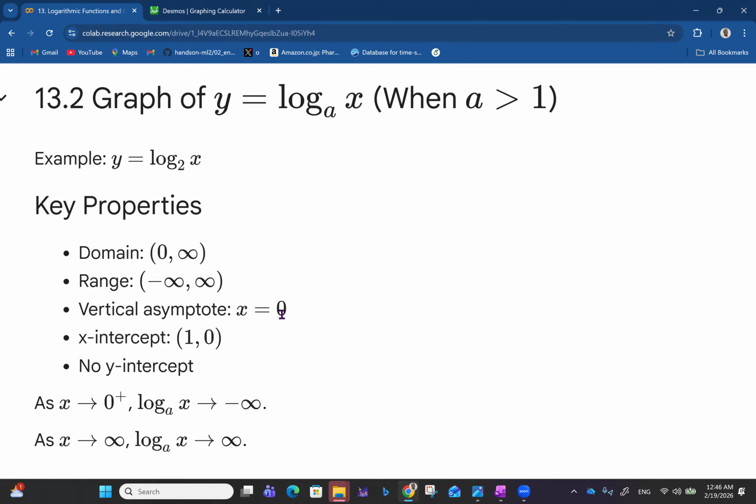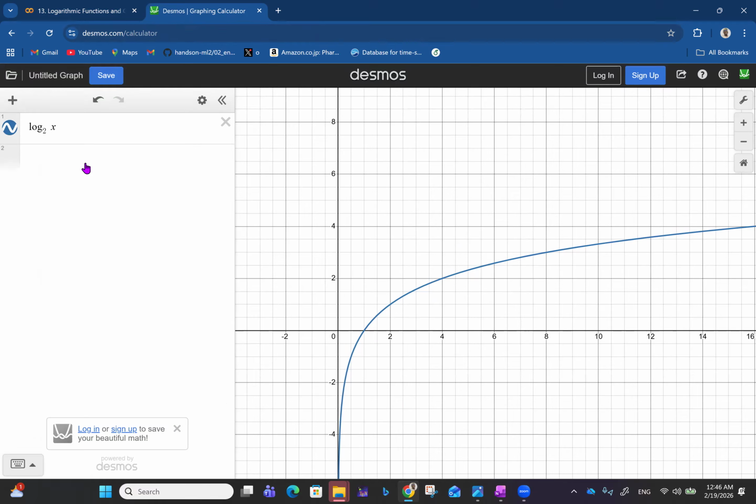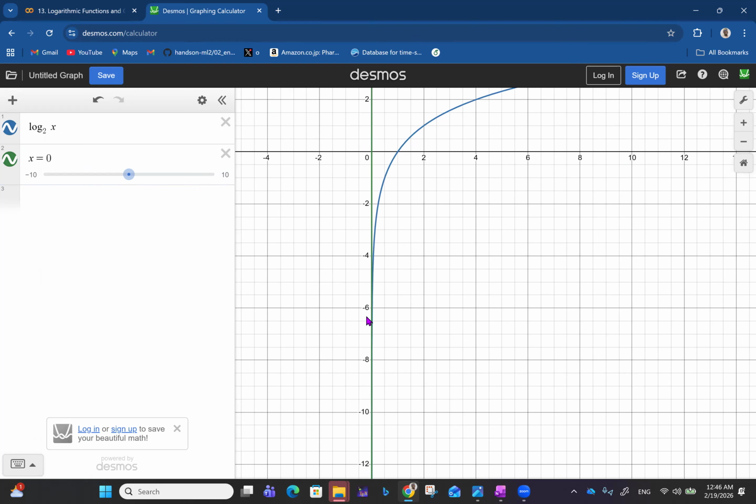Then the vertical asymptote is x equals 0. X equals 0 is the vertical asymptote, as you can see. The y is trying to come to 0, but it's never getting there. So that's the vertical asymptote, x equals 0.